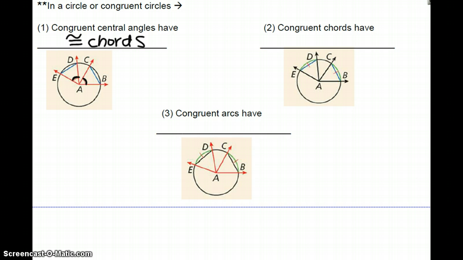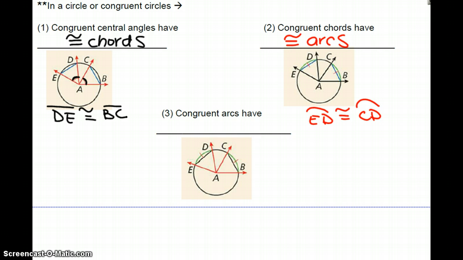So if those 2 angles are congruent, that means that chord DE would have to be congruent to chord BC. Similar is number 2. If I know I have congruent chords, so in our picture ED is given to me to be congruent to CB, then I know I'm going to have congruent arcs. So therefore arc ED is congruent to arc CB.